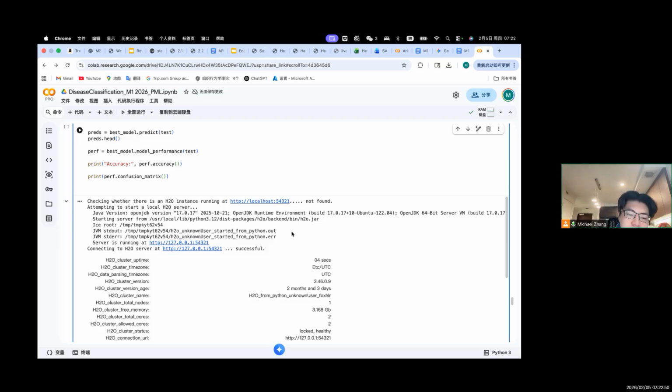For real-world implications, from a practical perspective, these findings suggest that machine learning models trained on routine blood test results could support non-invasive screening for advanced liver disease, potentially reducing reliance on costly and invasive procedures such as liver biopsies.